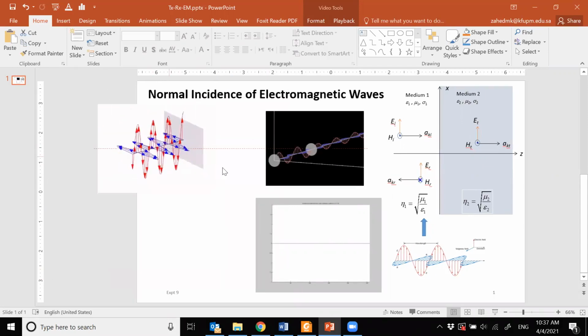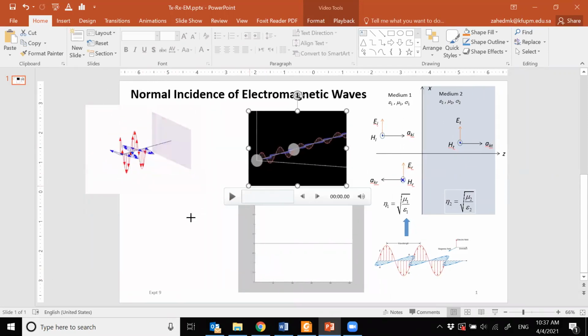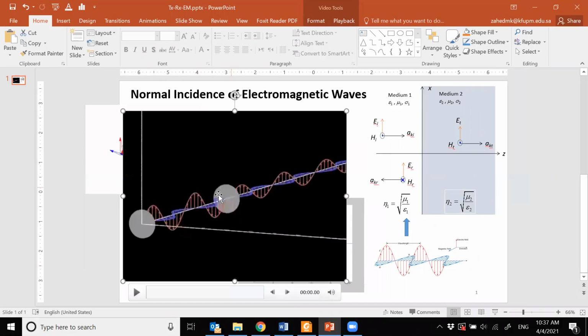Okay. And this is another nice example where this is my interface, but it is not a conductor. It is some interface with some medium. In that case, you will see that a part of the field is reflected back and a part of it is transmitted. When part of it is reflected back, the superposition of the reflected field and the incident field will again form a sort of standing wave pattern, but it will not be a perfect one.